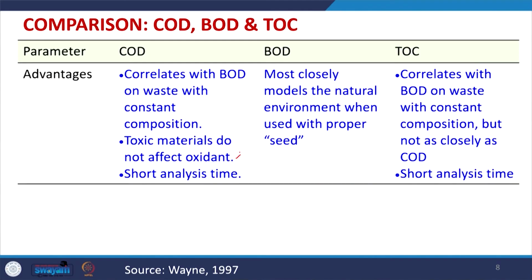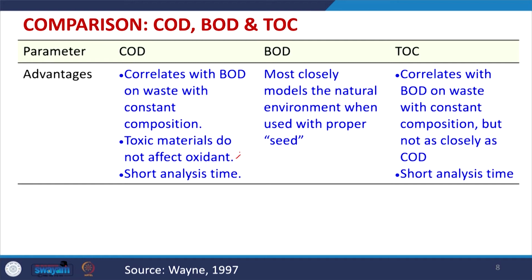So, some idea can be obtained for the BOD without estimating the BOD, and any toxic material present in the water sample during the COD test will not affect the COD, whereas it will affect the BOD estimation method. So, that is a disadvantage of the BOD method, and the analysis time of COD is also shorter than BOD, but it is not as short as in TOC. TOC has the shortest estimation time, and TOC can also be correlated with the BOD.